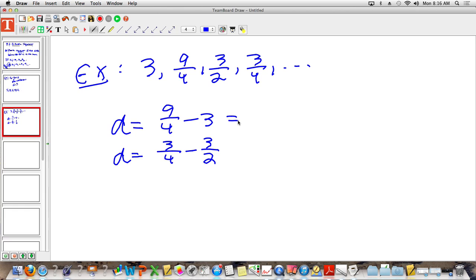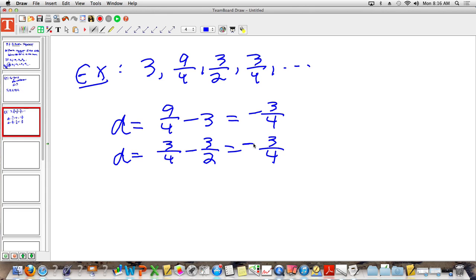So what about 3/4 minus 3/2? Do you get the same thing? All right. So it doesn't matter. If you already know that it's an arithmetic sequence, you know that the differences are always going to be the same. So I'm not suggesting that you have to check every single one. I was just showing you that it does work like that.